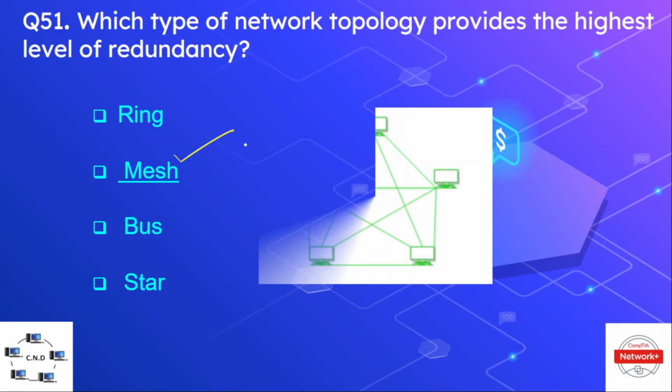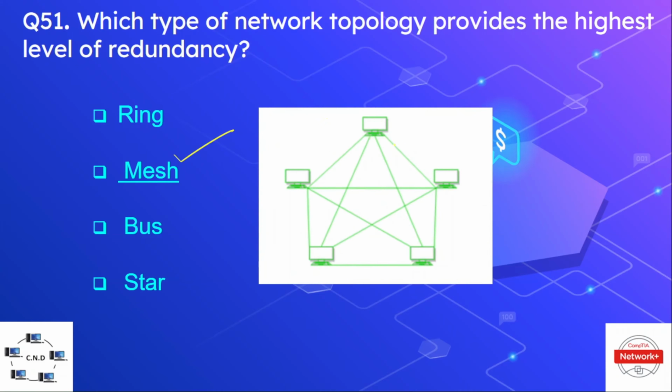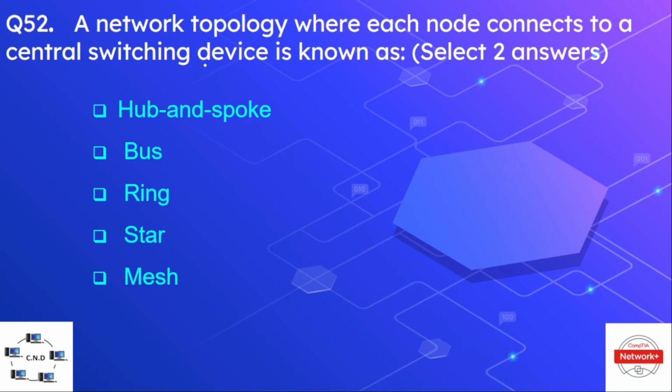That's why it provides the highest redundancy, because if one link breaks, these nodes can also reach the same nodes through other wires, such as this one or through this one. So there are multiple connections between the nodes, and this is why this mesh topology has the highest level of redundancy.